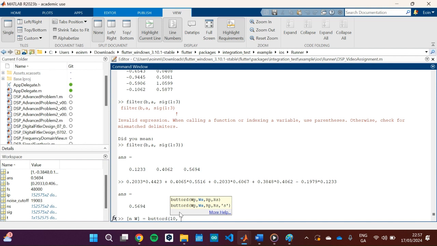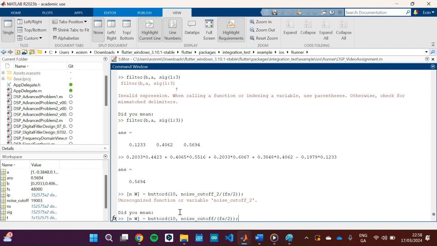Ws would be the noise cutoff over 2, half the noise cutoff, and then I'll divide that again by fs over 2. This way it will be normalized. I'll be in the normalized frequency domain. And then I'll find the order.